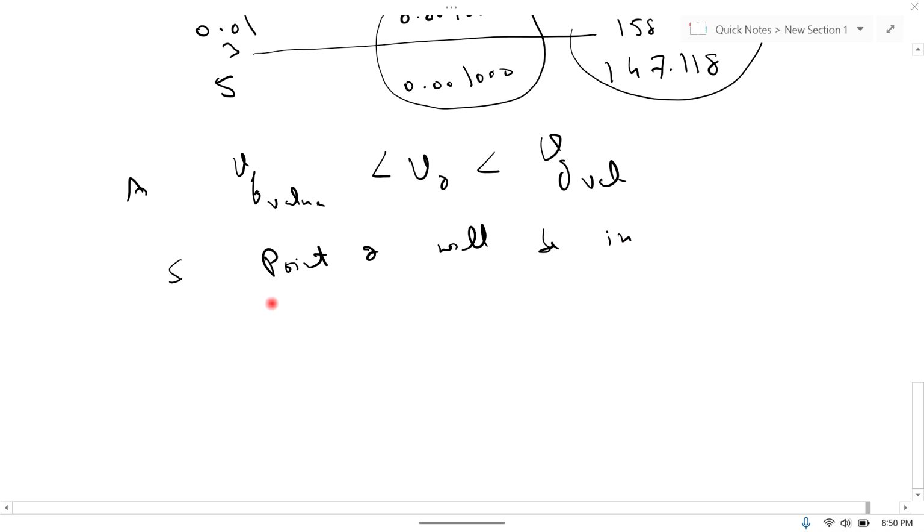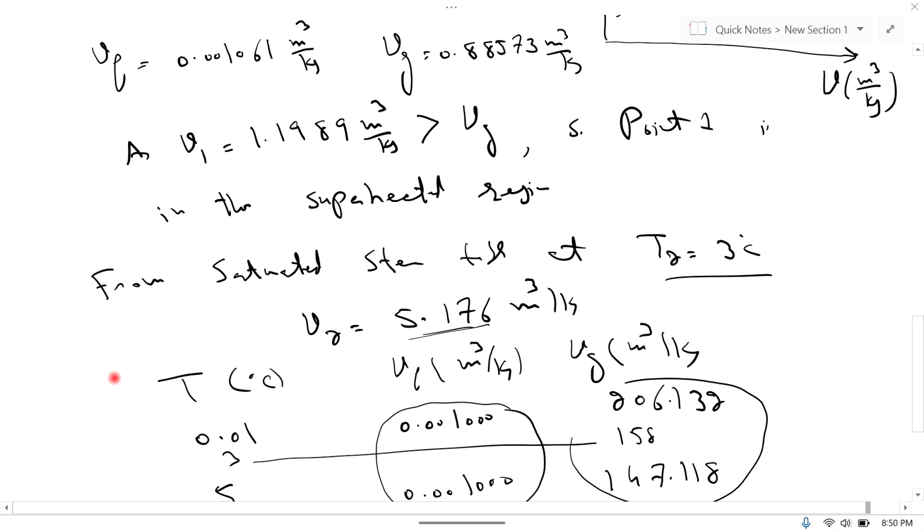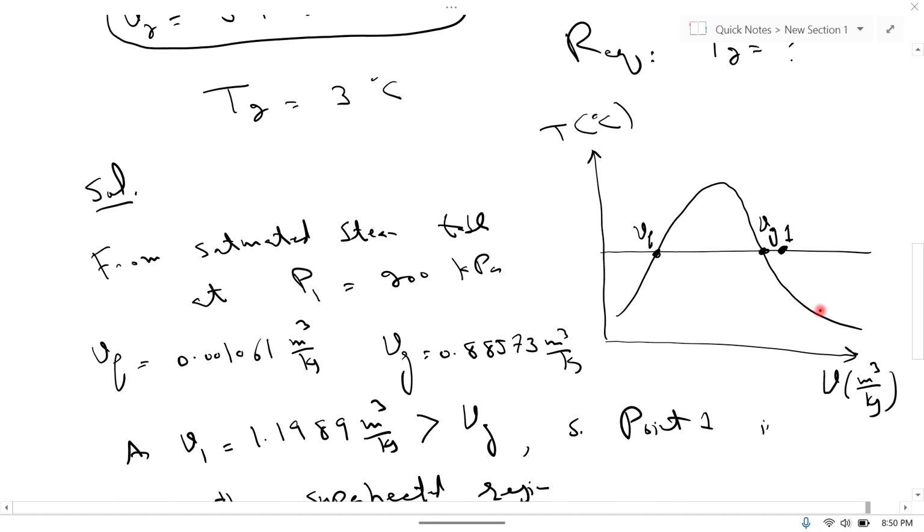Mixed region is basically the liquid plus vapor region. So let's suppose the temperature is very low, so the temperature will be somewhere here. But volume increases, so it will be here.